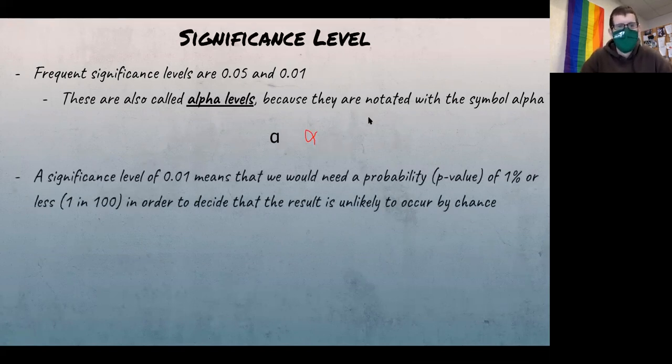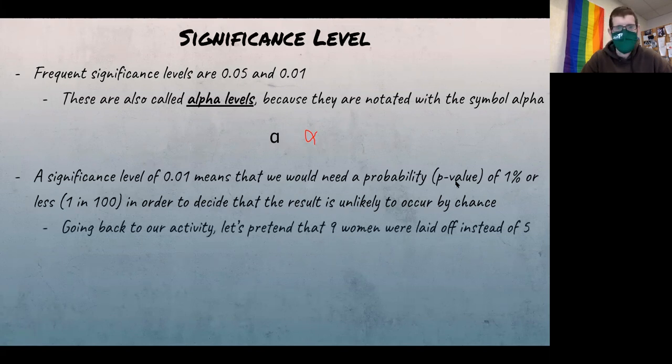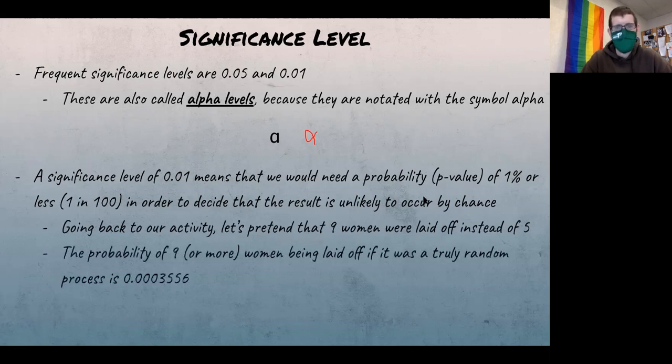So a 0.01 significance level means that if it happens less than 1 in 100 times, then we decide it's unlikely to occur by chance. So if we pretended that 9 women were laid off instead of 5, the probability of that happening is right there.